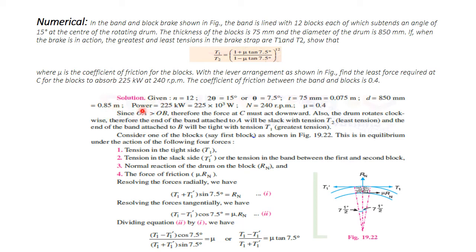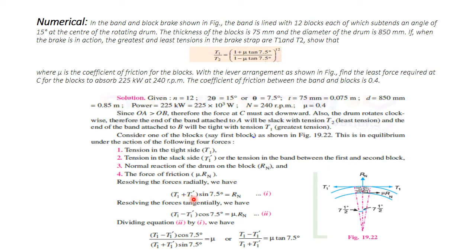And power transmitted by the band brake is P is equal to 225 kilowatt. Convert into watt, 10 to the power 3 multiplied. Speed of drum is 240 rpm, already given in question. Mu, coefficient of friction between block and drum, is 0.5.